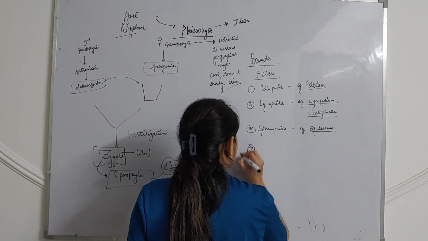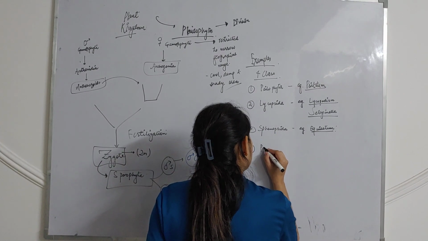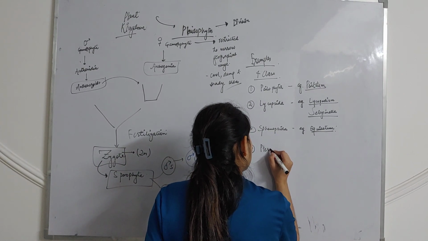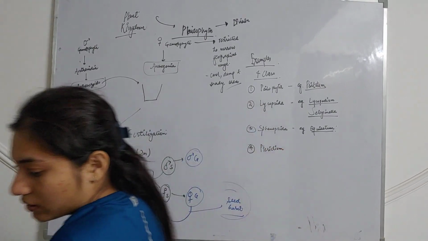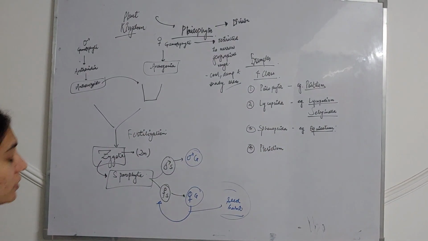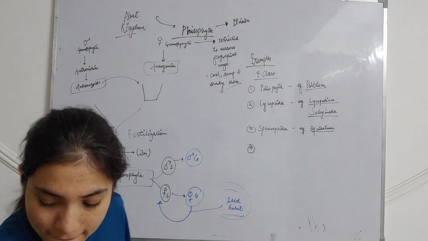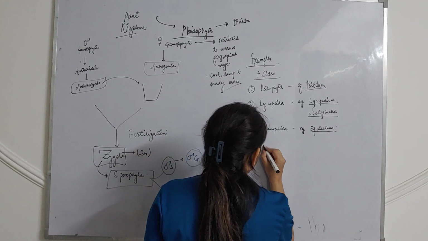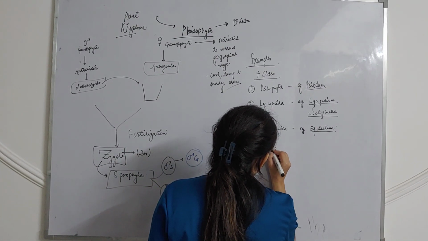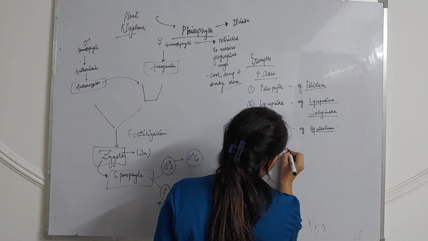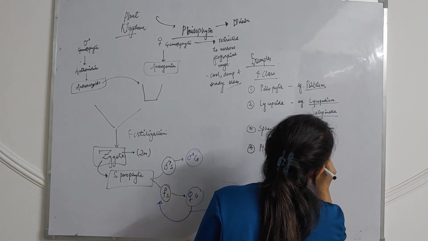And the fourth one is Pteropsida. Examples are Pteris and Dryopteris.